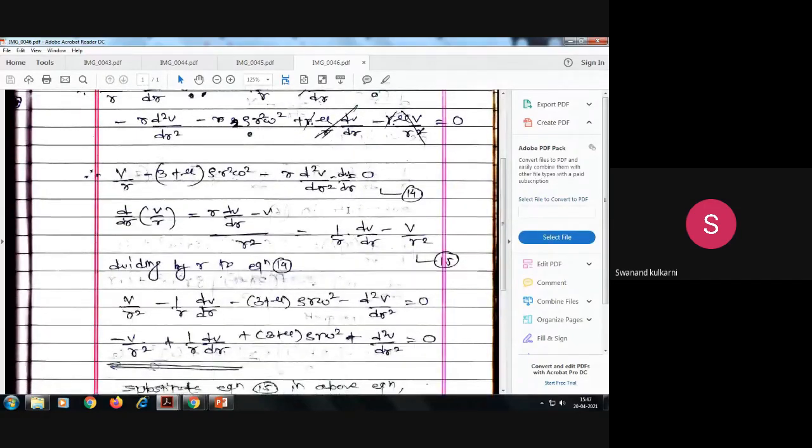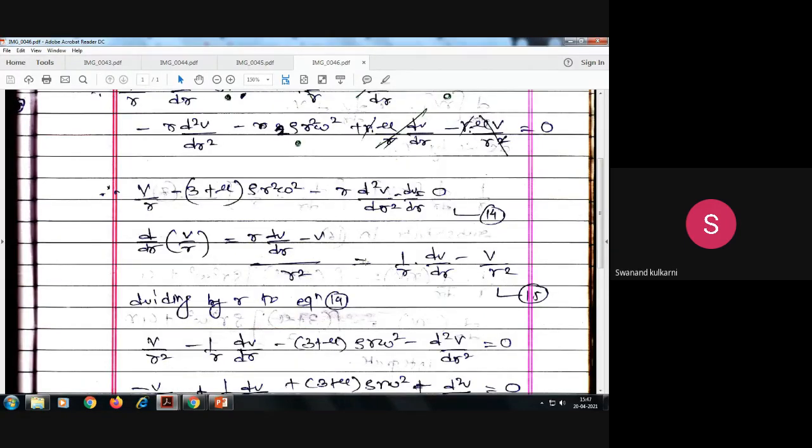We get the equation here, it has v upon r minus (3 plus mu) rho r square omega square minus r d2v by dr2 minus dv by dr. Okay.